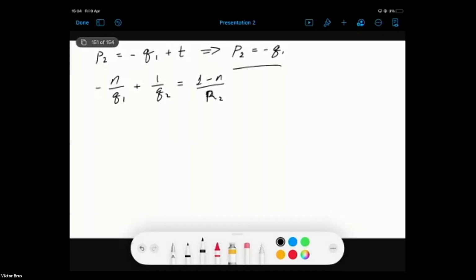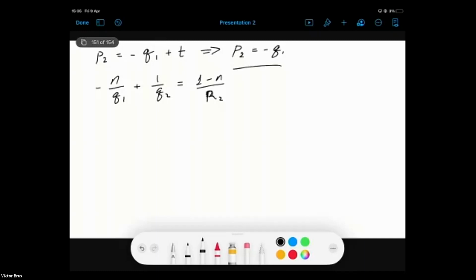We can also drop the subscripts 1 and 2 on Q1, Q2 and P1, P2, because these distances are considered equal to each other, since the thickness of the lens is negligibly small in comparison to these distances.